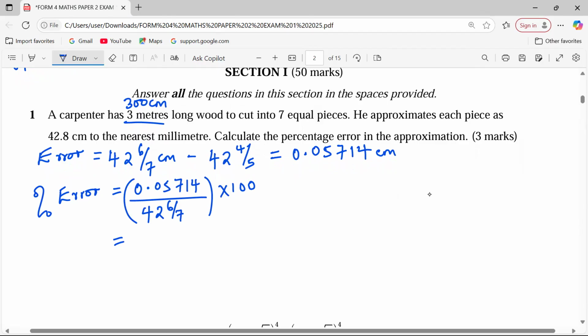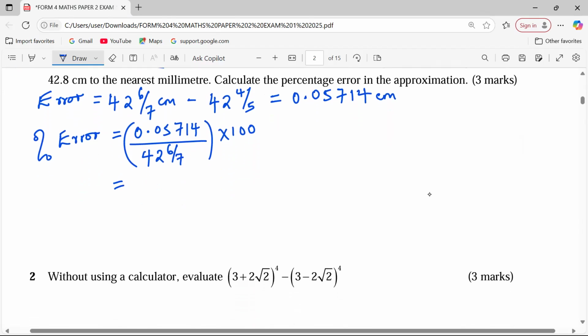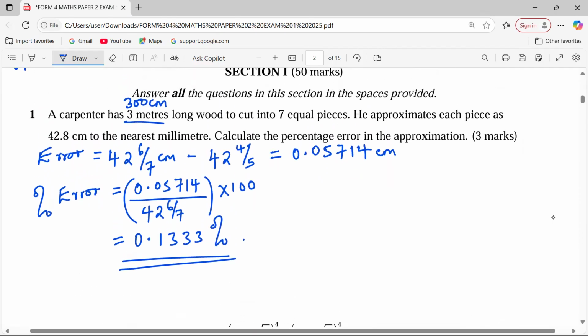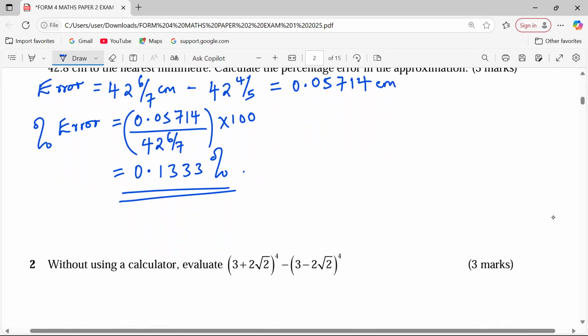So when I multiply that, I'm getting the percentage error from the calculator as 0.13333 recurring percent. So that is the percentage error in the approximation which was done by this carpenter. So that's how you're supposed to work out problem number 1.